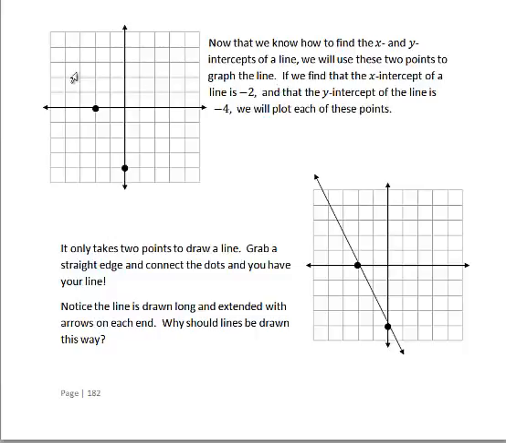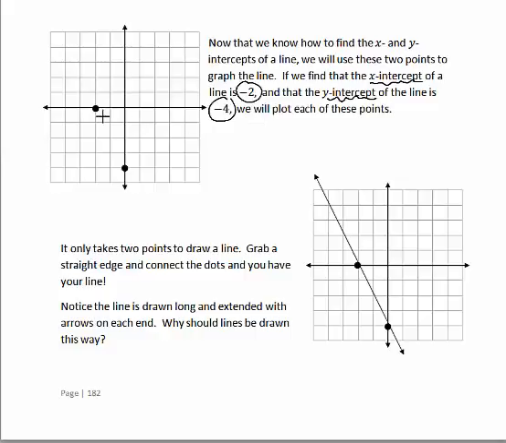So in this situation, they're saying that we have this equation. They didn't give us the equation, but they told us we have some information about this line, and that information is the x-intercept is -2 and the y-intercept is -4.